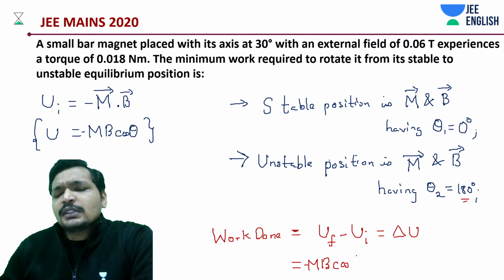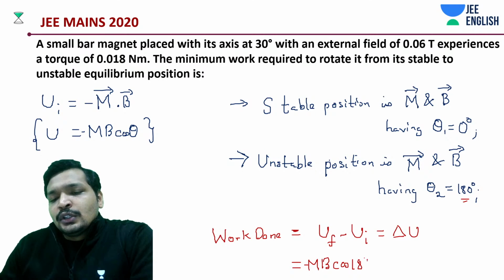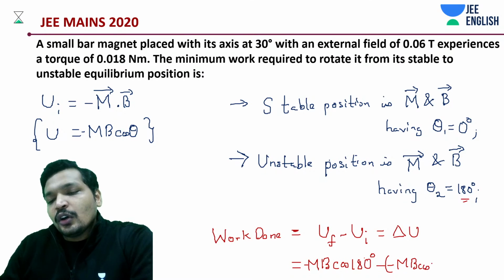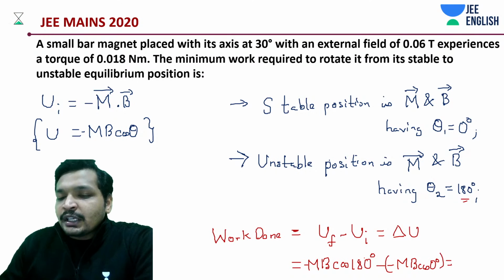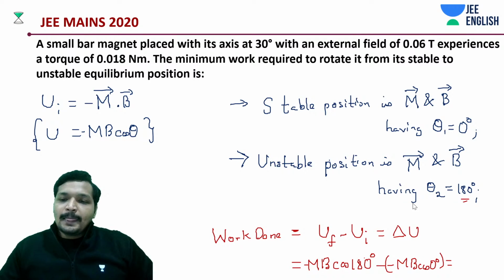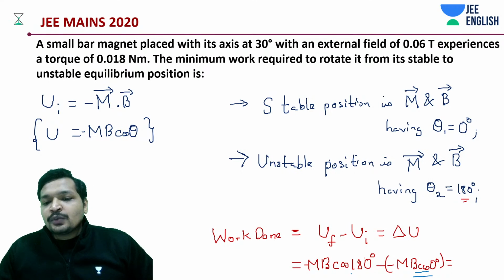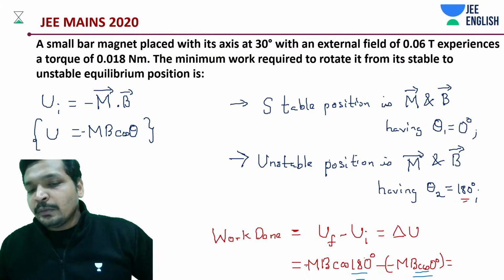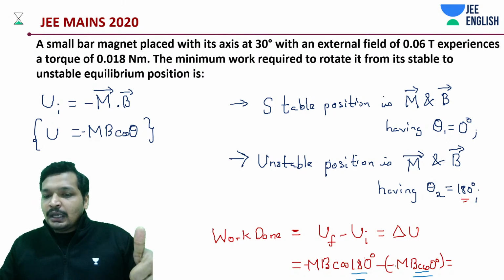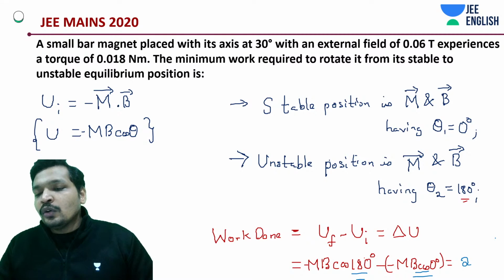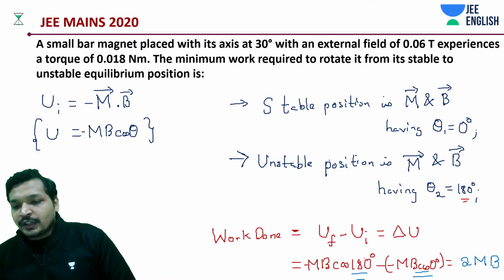Write it down once more: minus of minus MB cos 0 degrees. Cos 0 degrees is 1, and cos 180 degrees is minus 1. So it's going to be MB, and the other one is also going to be MB. So the work done is 2 times the magnitude of magnetic moment multiplied with the field. That's what we need to do.